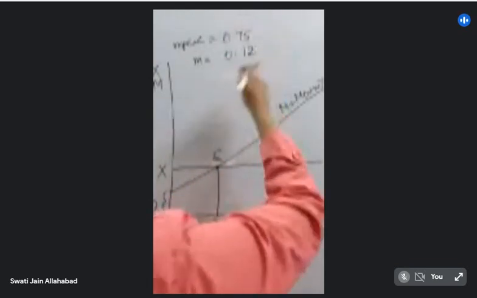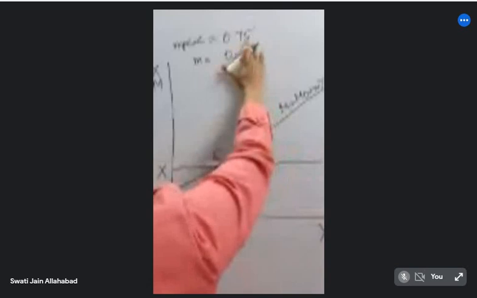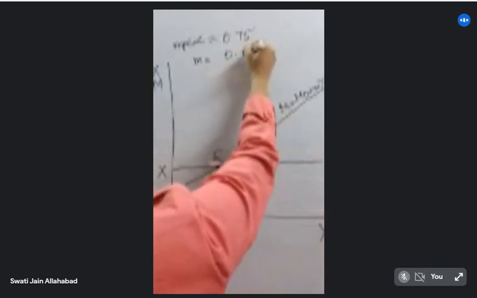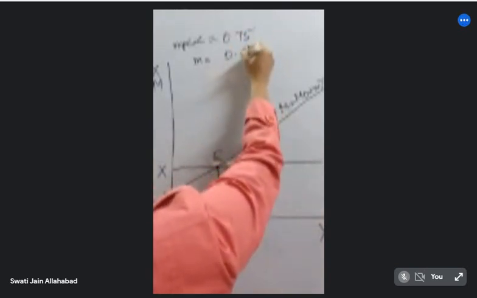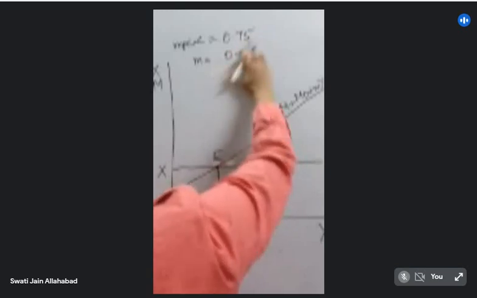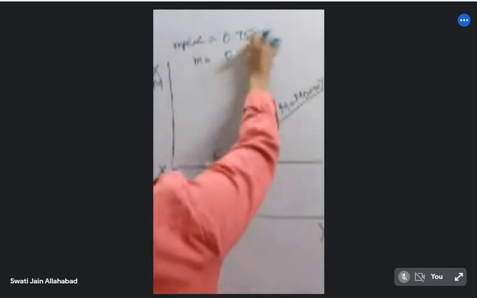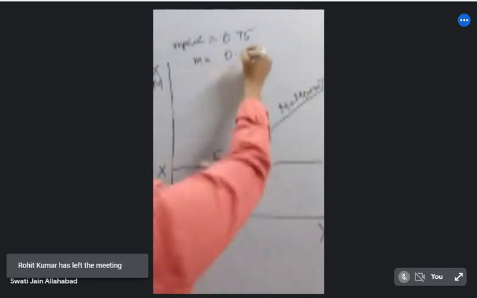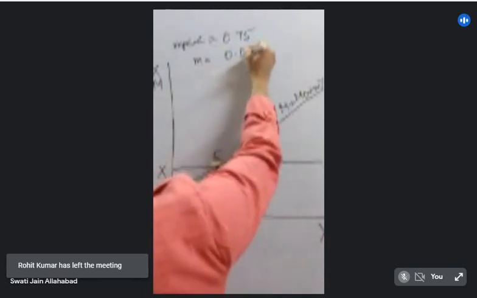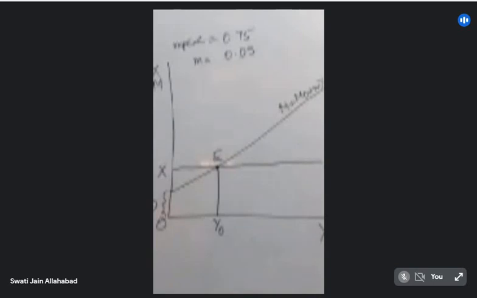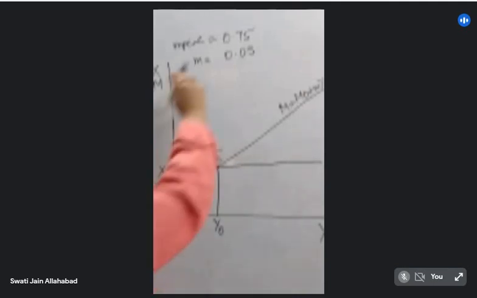It can be 0.12, it can be say 0.05. You assume it like that if you are just making the assumption. The value will be very low, because imports are a very small component of total income. That is why this value will be low.